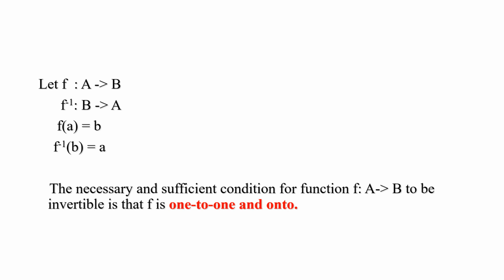That means if we know the value of a, we can determine the value of b. If inverse exists, then from b we can determine the value of a. The necessary and sufficient condition for a function to be invertible is the function should be one-to-one and on-to.